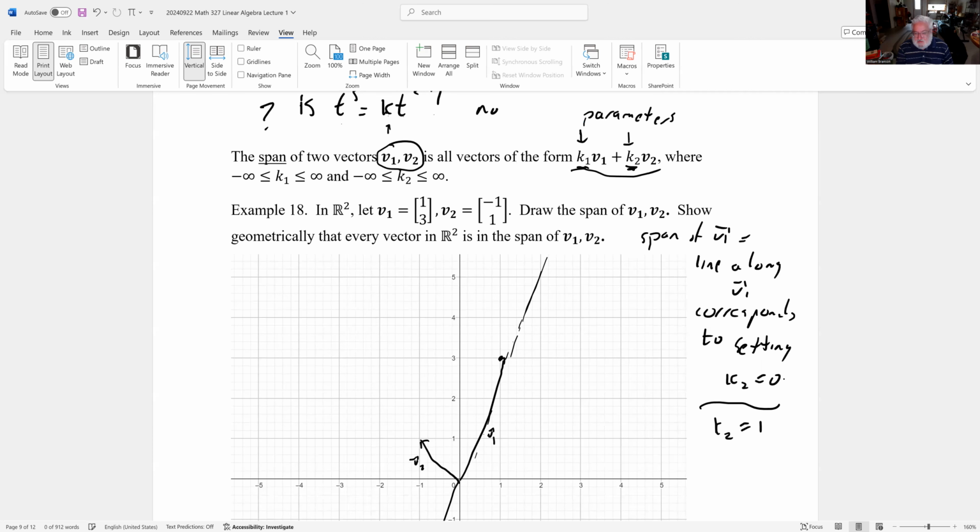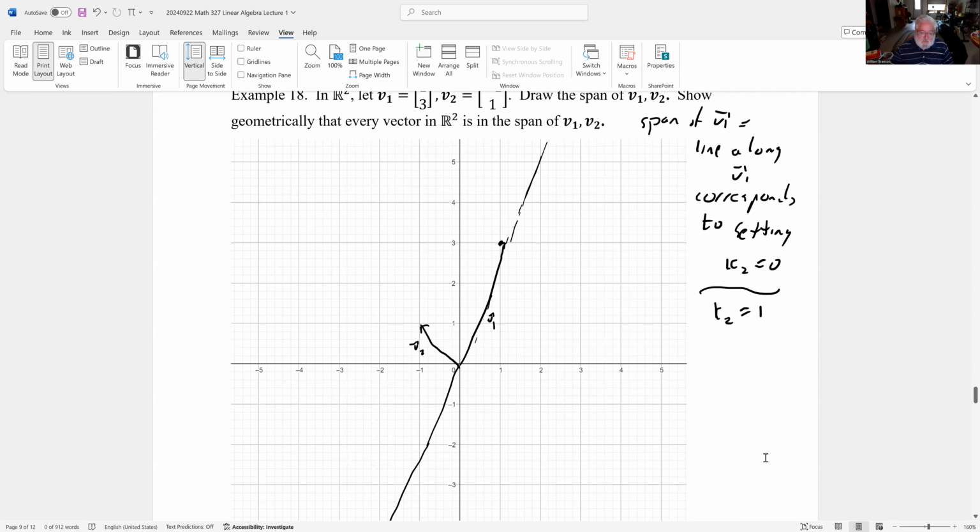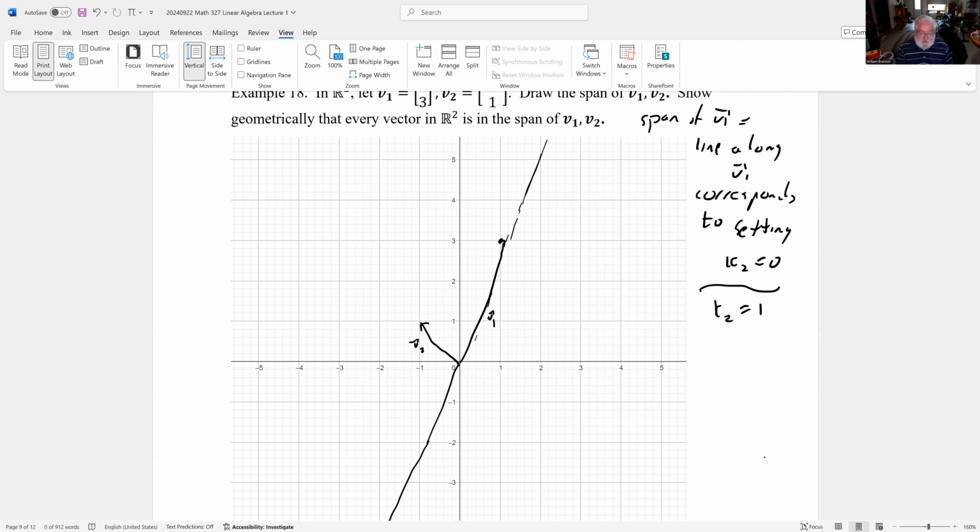Well, that essentially makes V2 the offset vector. And so, 1, 3, we'll go up here. So if we set K2 equal to 1, we get a line parallel to the span of V1.